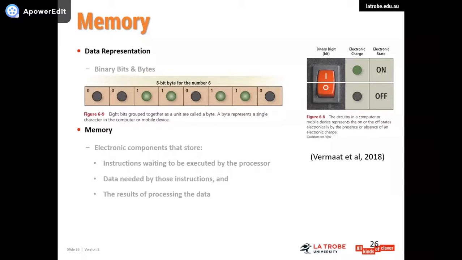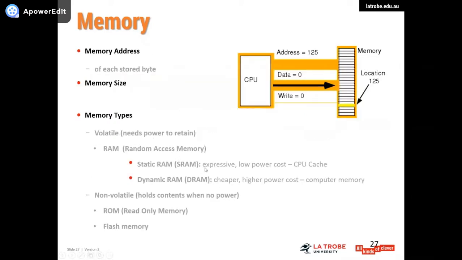There's the data representation. You must know how to convert a binary number to a decimal number, or the other way around. That's a very essential skill as an IT student. And then it's about the memory. You should know the functionality of the memory and its components, including memory address, memory size, and memory types.